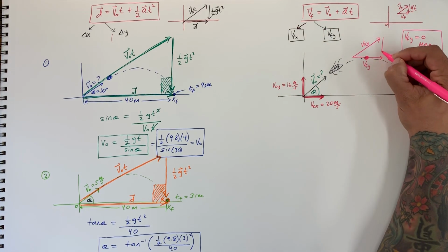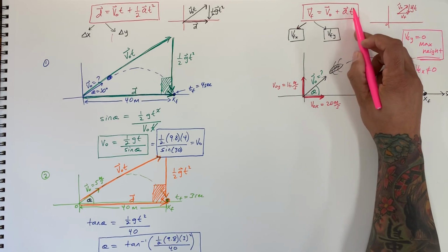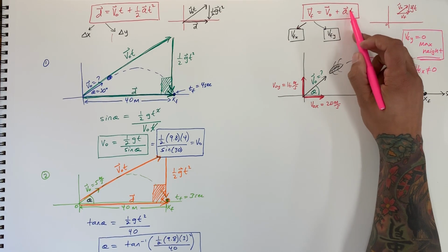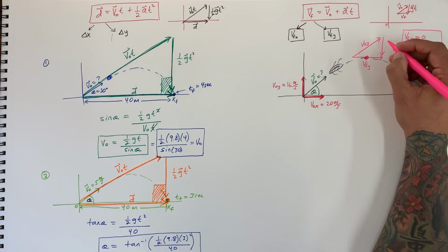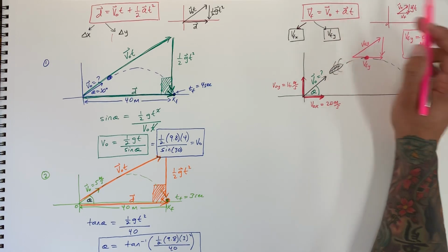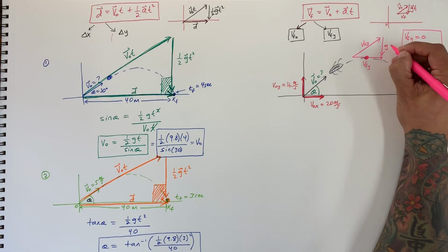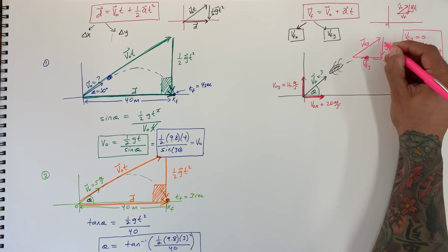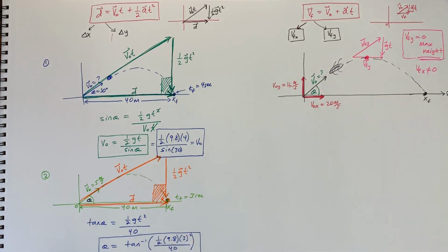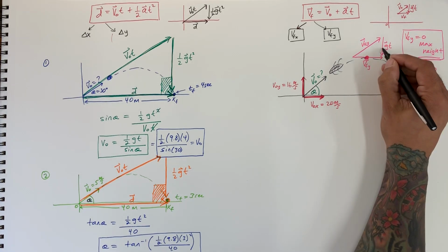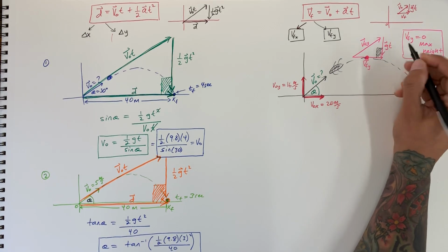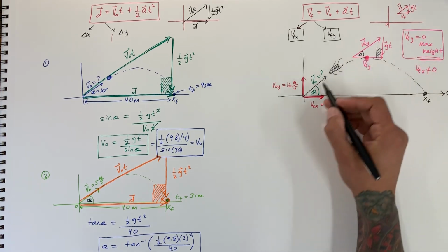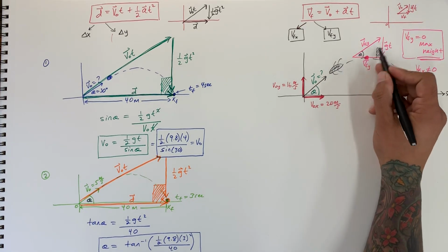So this vector right here always points down for the y, okay? For the x, it's 0. So this is gt. So these are all vectors, okay? So now that we've drawn our triangle, we see that we have a right triangle, and this angle is the same as this angle here, okay?